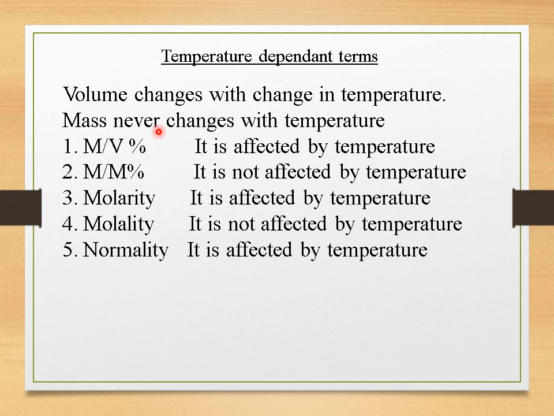For example, if I have 50 grams of ice and I start melting it, it is going to get converted into liquid, but the mass of the liquid will remain the same as that of the ice, that is, 50 grams. So mass never changes with temperature, it is only the volume that changes.